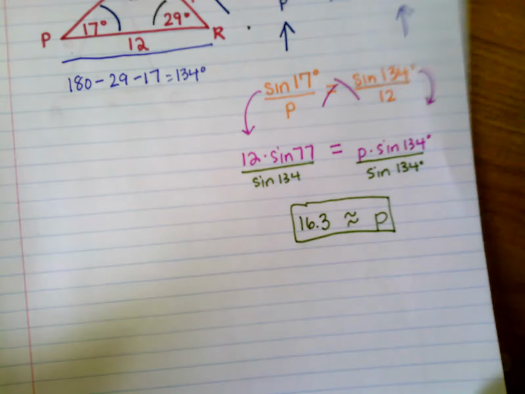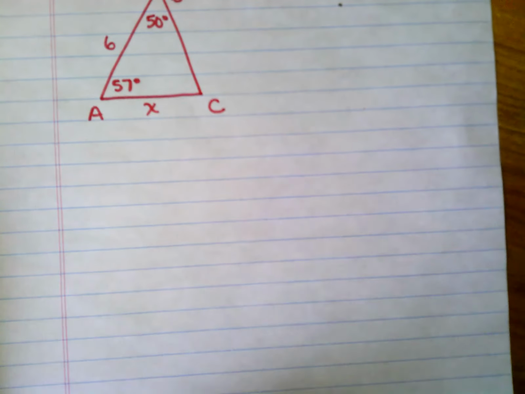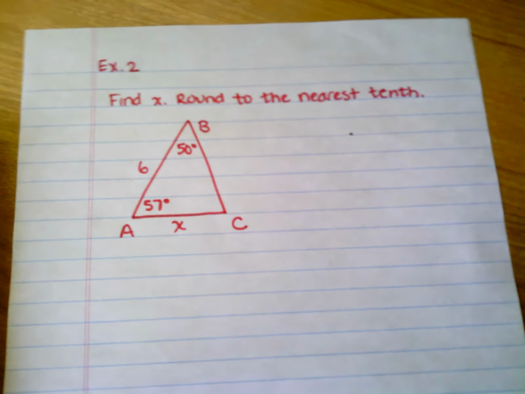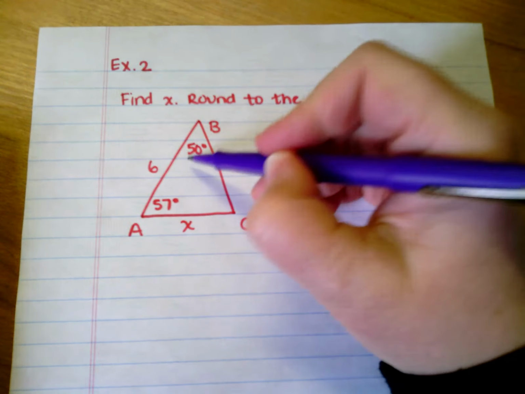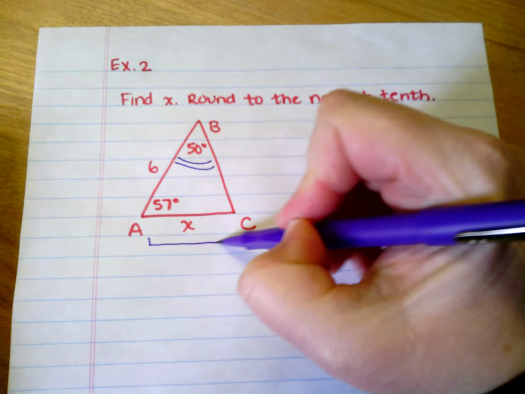Let's try one more just to make sure we're good. Get this back up here so you can see. Okay, so same idea. This time we've got A's, B's, and C's. Doesn't really matter, but I can see pretty quickly that I've got this angle and the side opposite.